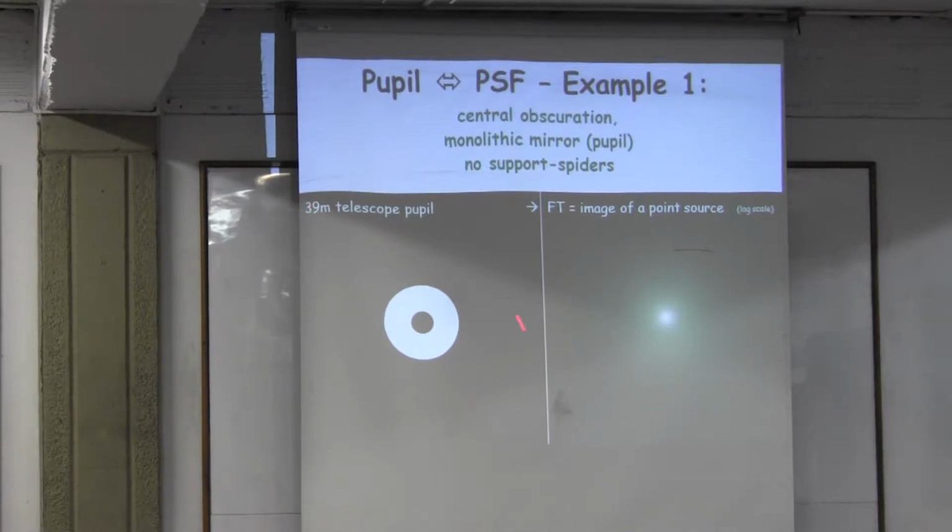So if this is the representing telescope pupil with the central obscuration, but it uses the assumption the mirror surface is smooth and flat, and there are no telescope spiders like those ones hanging in here, you get a complete spherical symmetric image of rings.